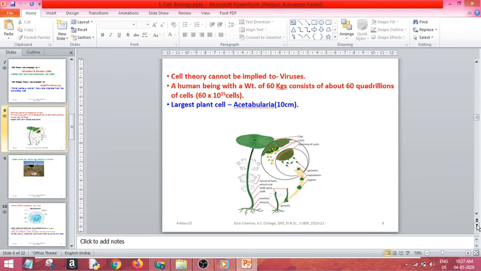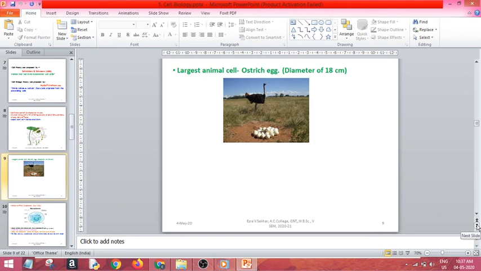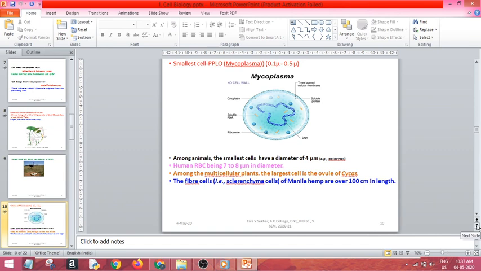Among plants, the largest cell is Acetabularia, an alga, which measures about 100 centimeters in length. The largest animal cell is the ostrich egg, whose diameter is about 18 centimeters. The smallest cell is PPLO, that is mycoplasma, which measures about 0.1 to 0.5 microns.